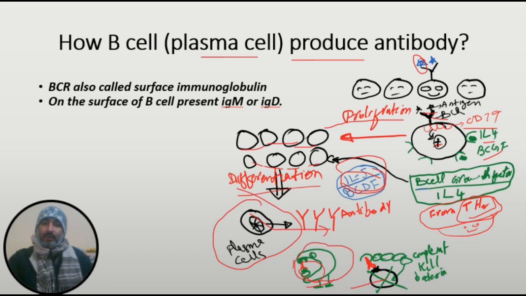The other function is that the antibody will activate the complement system and eventually kill the bacteria. We have separate lectures on antibodies and the complement system, so we don't have to worry about this. Just believe me that the antibody helps to phagocytose and helps to activate the complement system and kill the bacteria.